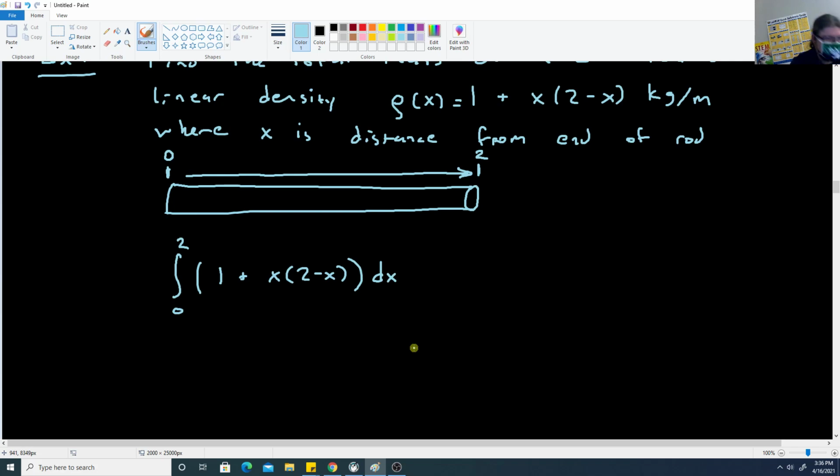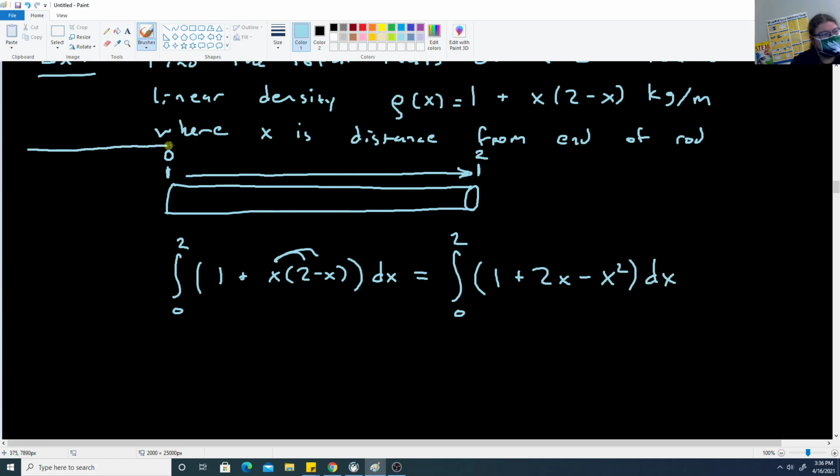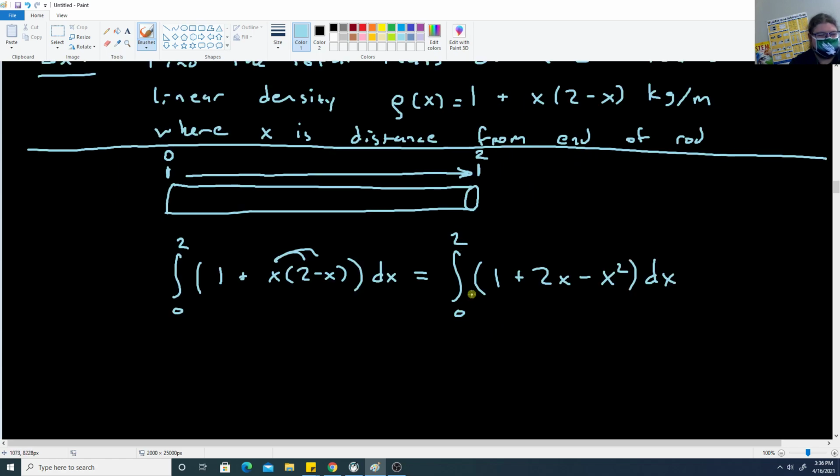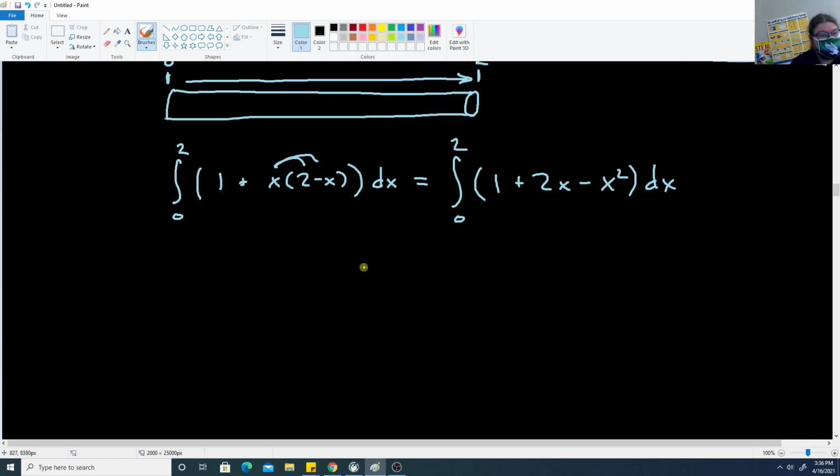I think this is going to be easier to integrate if we go through and distribute the x. So this is the integral from 0 to 2 of 1 plus 2x minus x squared dx. We're going to integrate along from 0 to 2 of the linear density function.